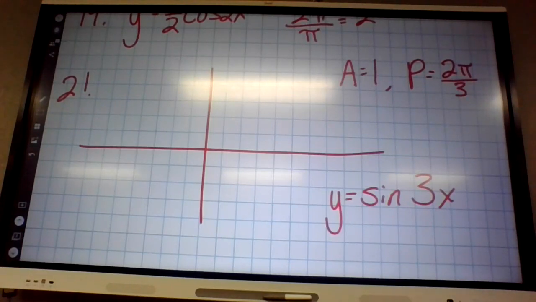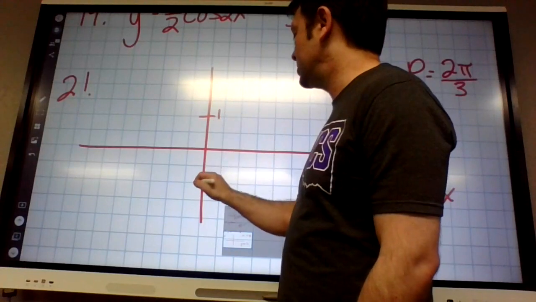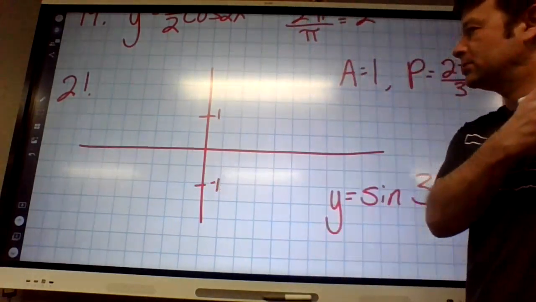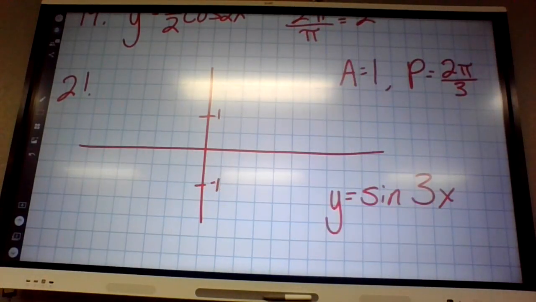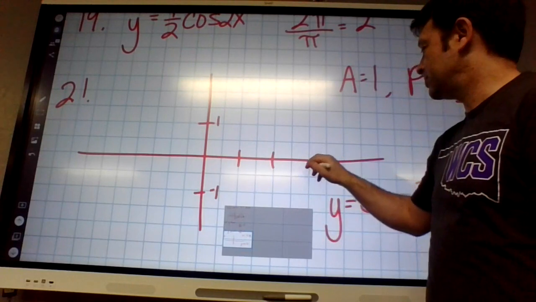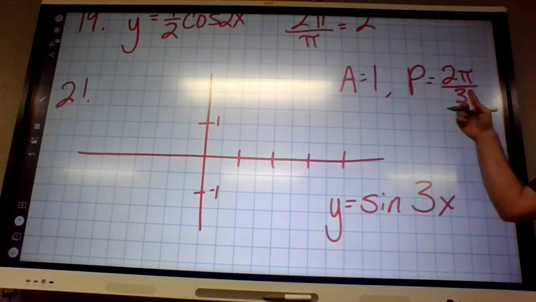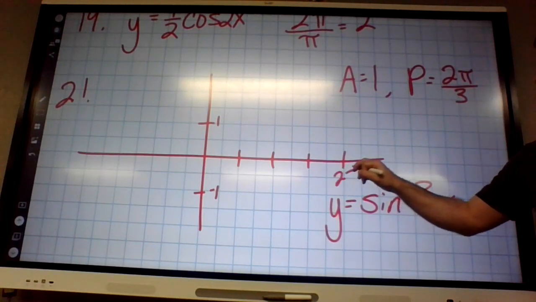Okay, now really it's just setting it up. That's the tricky part. The amplitude is 1, so I'm just going to do the 1 and -1 thing. Then I'm going to split it up into fourths: 1, 2, 3, 4. On the fourth mark, I'm going to put my period, 2 pi over 3.